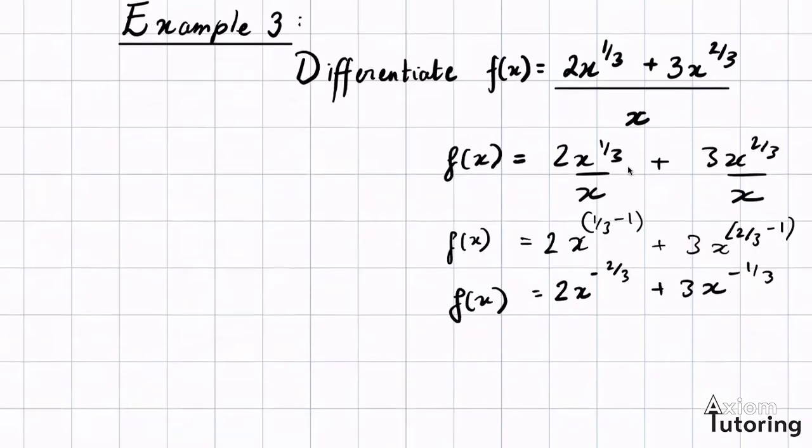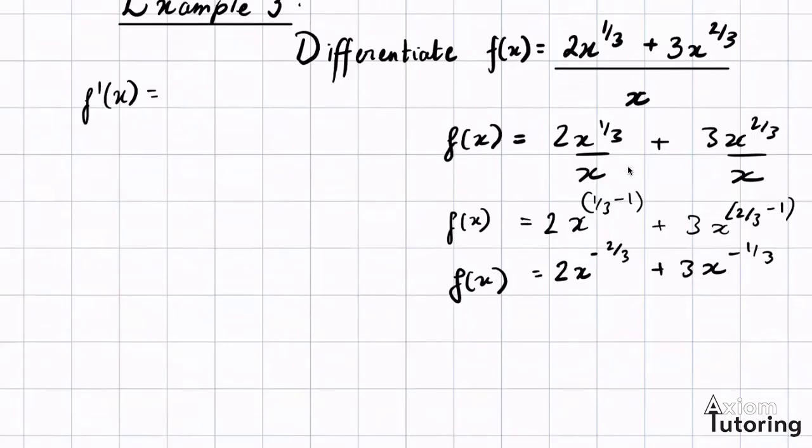So now we want our derivative f dash of x. Let's have a look at the form that this is in. This is in the form of a1 x to the n1 plus a2 x to the n2, since we have two separate terms that we want to find the derivative of.